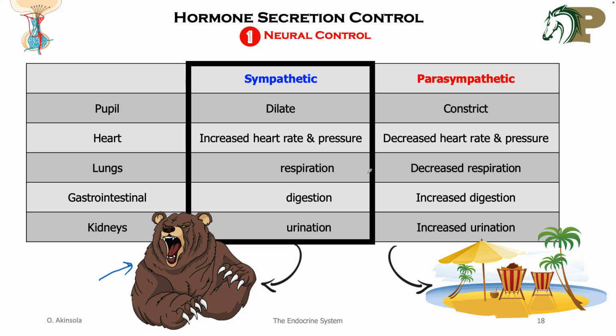Your heart is going to increase heart rate and pressure because blood needs to get to where it needs to go so that your muscles and bones and other tissues can be in good shape to get you away from the bear. You're going to be breathing a lot more because you need to get oxygen into your body, and you're just breathing from all the running.